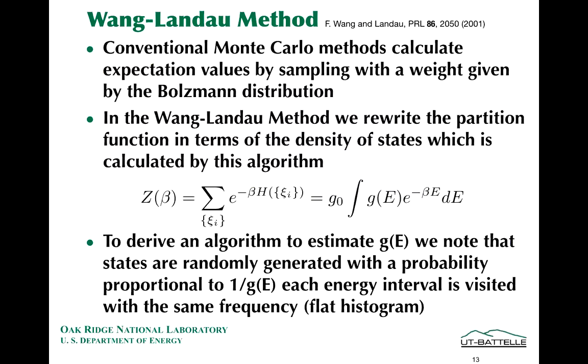But as I already mentioned, we need to sample over all possible states to get the statistical physics, the finite temperature behavior of the system. All the thermodynamics is encapsulated in this partition function Z, which depends on the temperature, which on this slide I denote by beta, the inverse of the temperature.